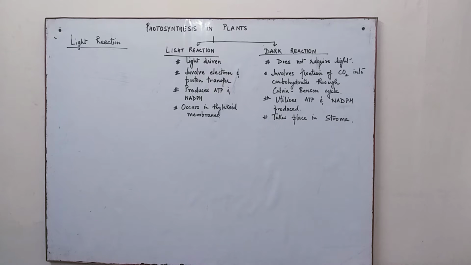The process of photosynthesis has been divided into two different types, that is the light reactions and the dark reactions.